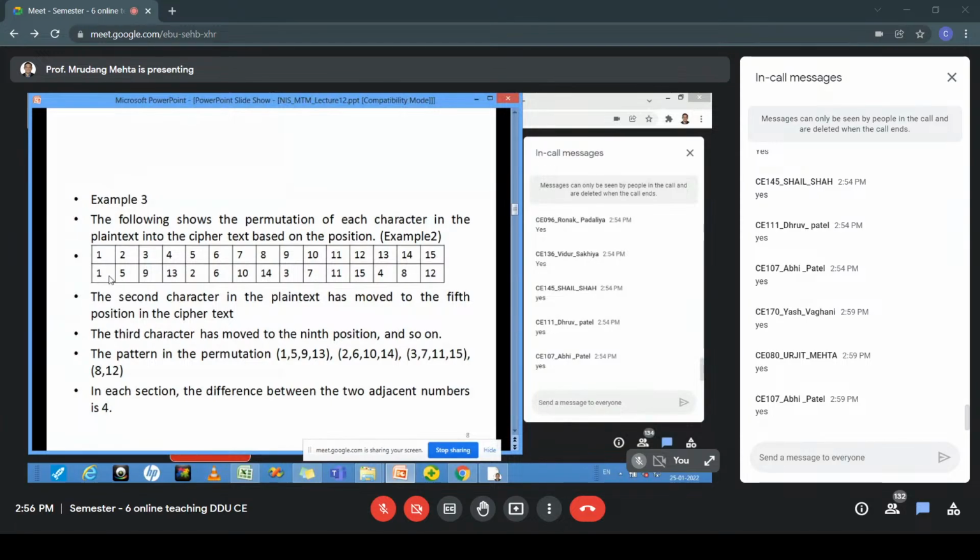The permutation is applied through a key. So you have a block and you have a key, and the key is actually a permutation. Are you getting it? So let us see the example.